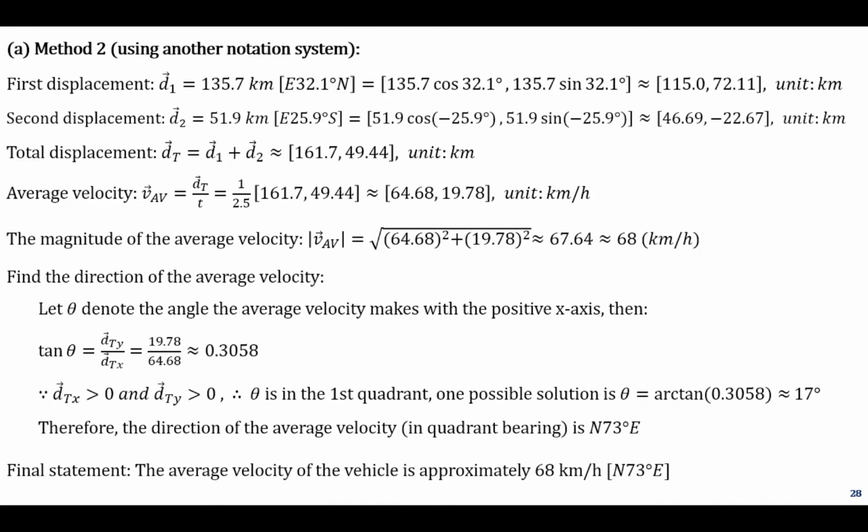The values for theta could be unlimited. As long as you can find one of the possible solutions, you'll be fine. So note that according to the definition of tangent, tangent theta should equal the y component over the x component, right? So just put these two components in.